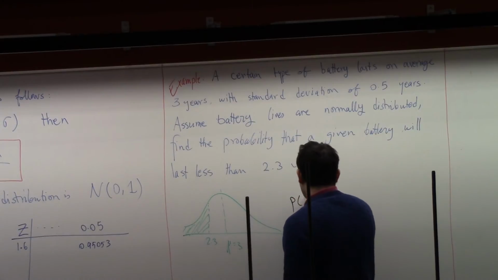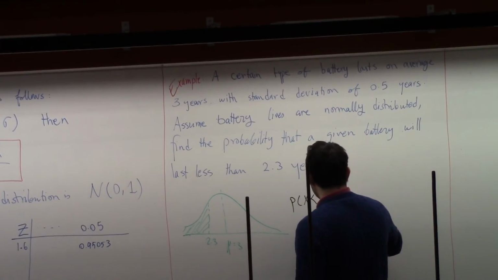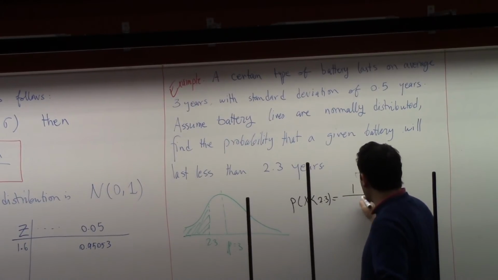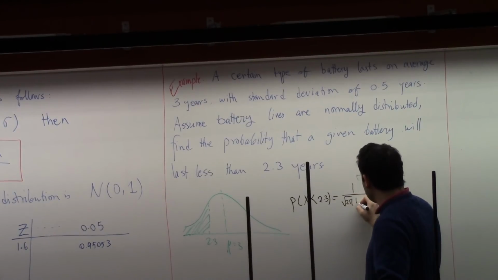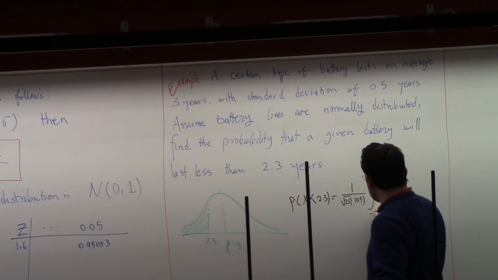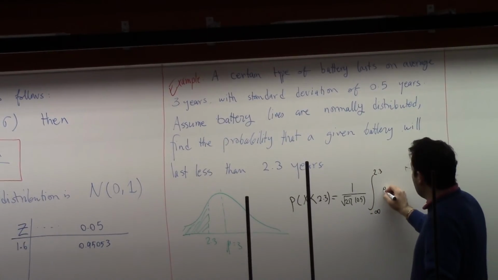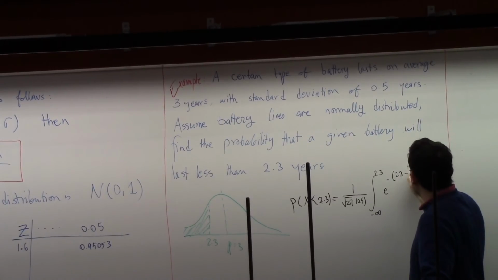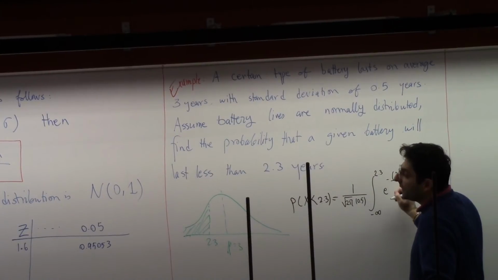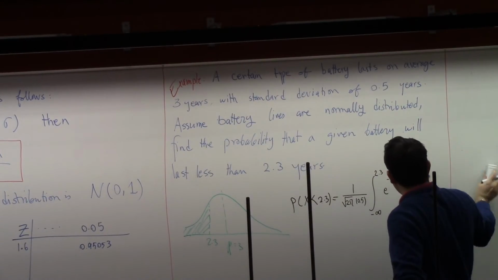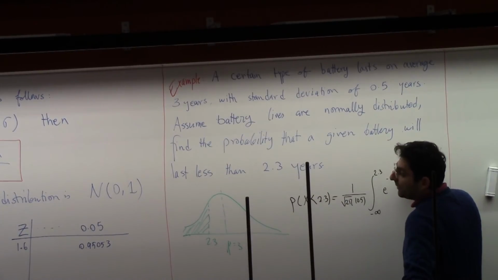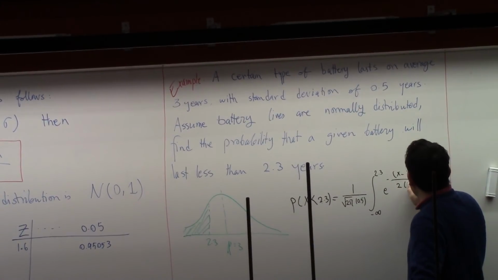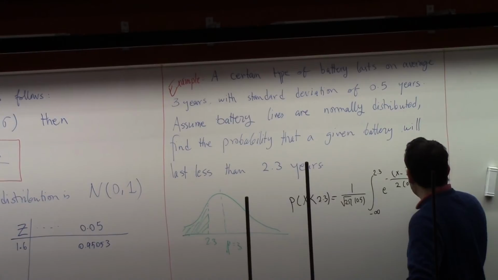Probability of x is less than 2.3, which is, what was the formula? 1 over the square root of 2 pi multiplied by 0.5, integral from minus infinity to 2.3, e to the power minus (x minus 3) squared divided by 2 multiplied by 0.5 squared, dx.